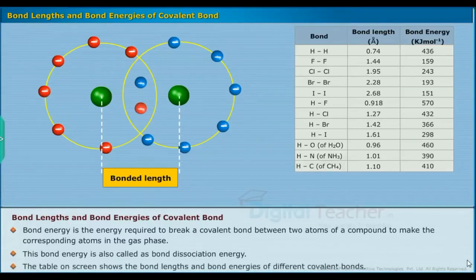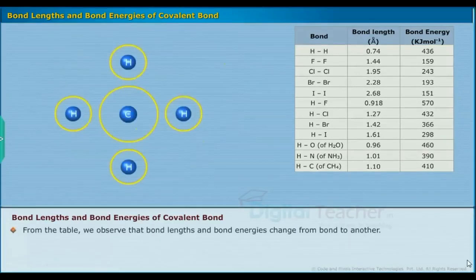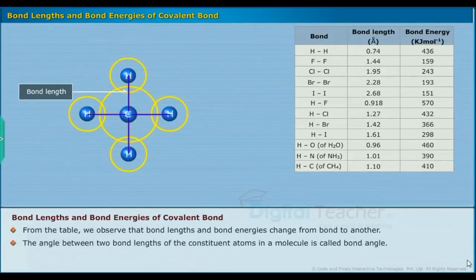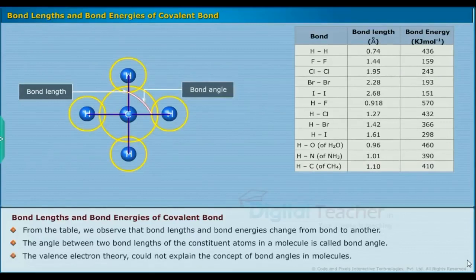The table on screen shows the bond lengths and bond energies of different covalent bonds. From the table, we observe that bond lengths and bond energies change from one bond to another. The angle between 2 bond lengths of the constituent atoms in a molecule is called bond angle. The valence electron theory could not explain the concept of bond angles in molecules.